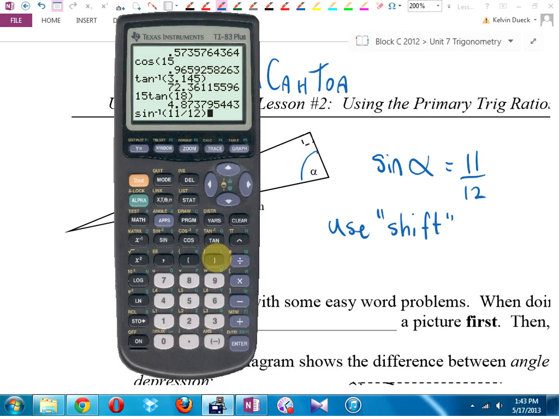Oh, and if you have a cheap calculator, you might have to go 11 divided by 12 equals and then second function sine. Do you? Yeah. Hey, what angle has an opposite over hypotenuse of 11 over 12? 66.4, 66 degrees.